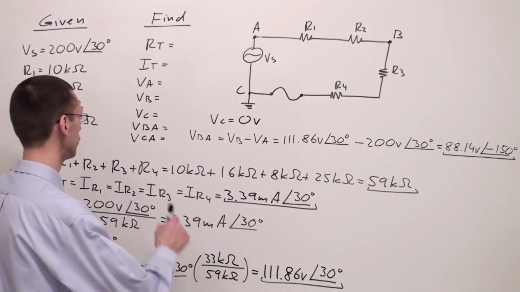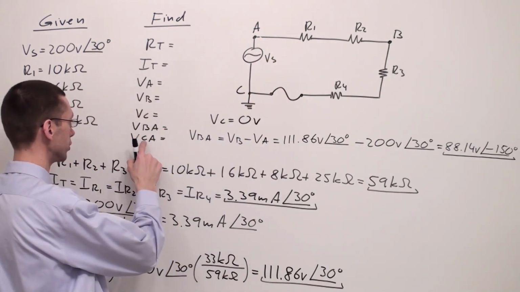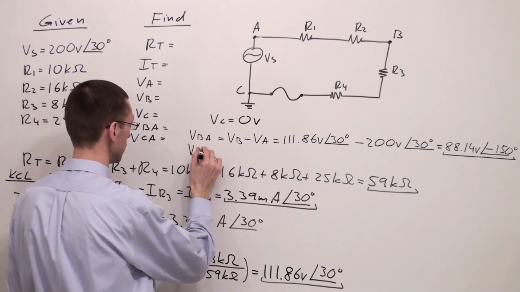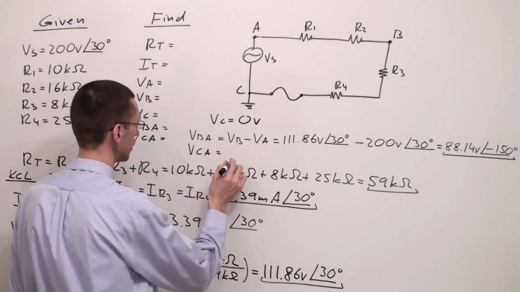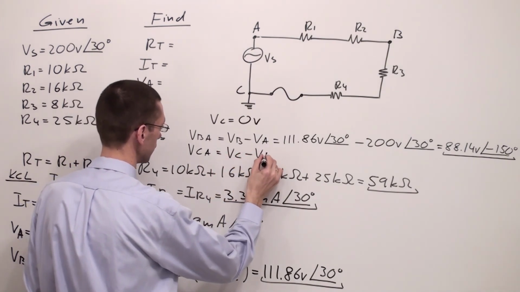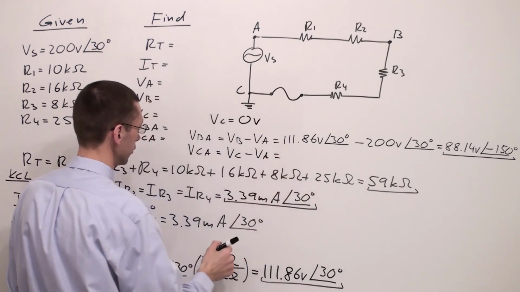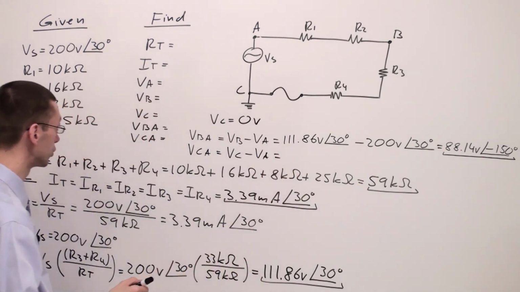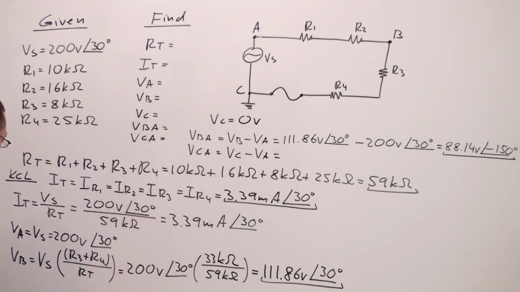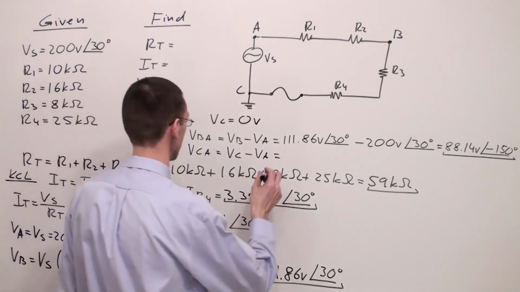Next, I'm supposed to find the voltage between points C and A. So VCA is equal to VC minus VA. VC is equal to 0. We got VC over here. And VA is equal to 200 volts and angle of 30 degrees.